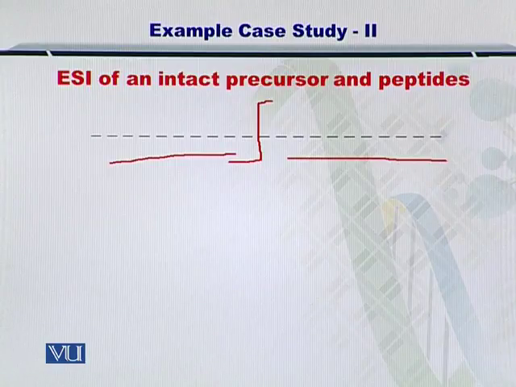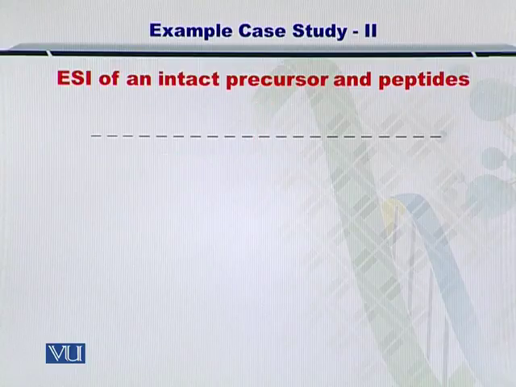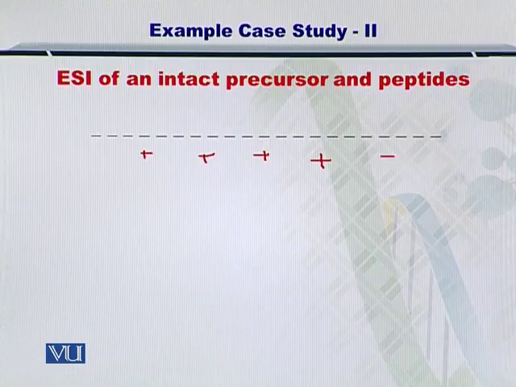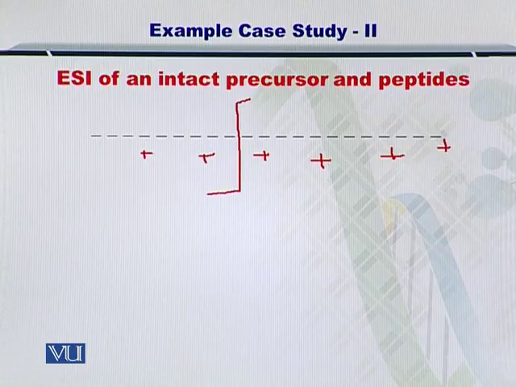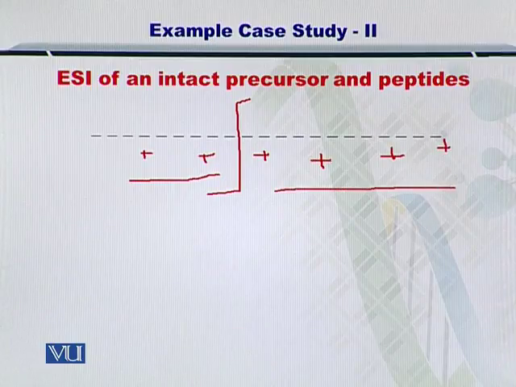Now, if the entire protein had multiple charges, then there is a high probability that both the peptides will receive a charge. Let's say if the protein is fragmented here, this peptide will have 2 positives and this peptide will have 4 positives, or 4 protons. So it is important to have multiple charges on the protein.